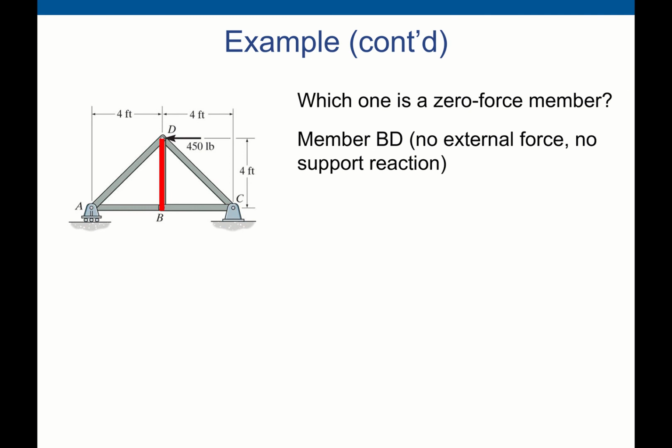Let me draw the free body diagram for this one. This is a 450 pound force, and this is a roller, and point C is pin jointed.